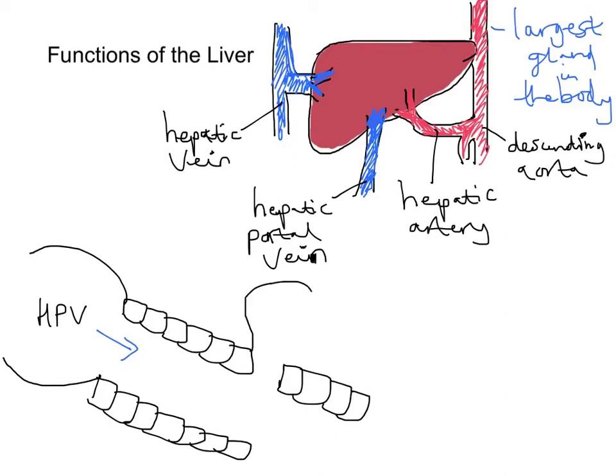Here we have a source of blood, and this can be our hepatic artery. So you've got blood coming in from the hepatic artery and blood coming in also from the hepatic portal vein, and it's going to leave. So blood's going to leave through this hepatic vein.